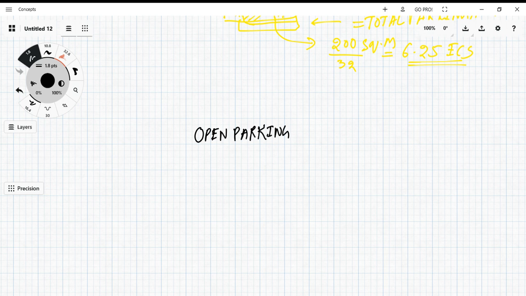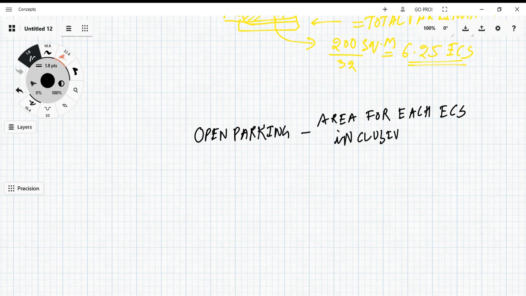Area for each equivalent car space, each ECS, I will say equivalent car space, inclusive of circulation area.